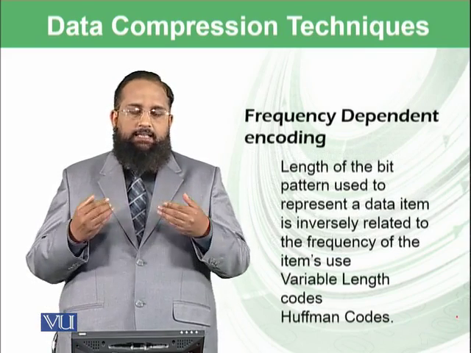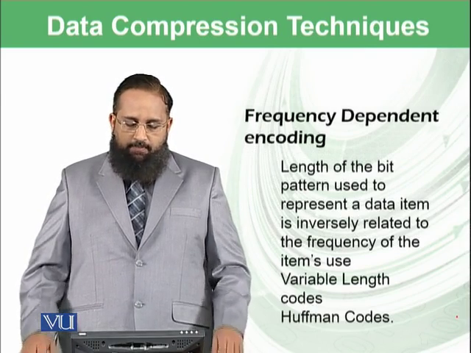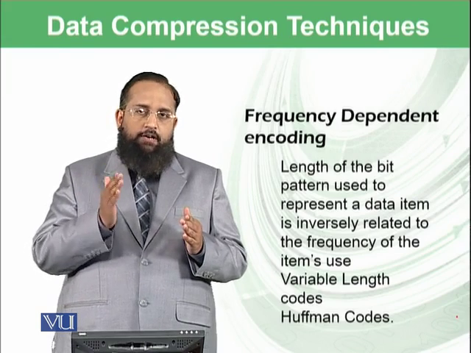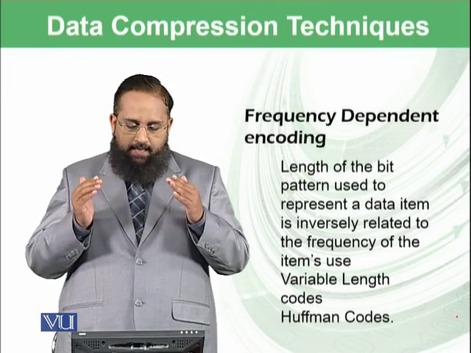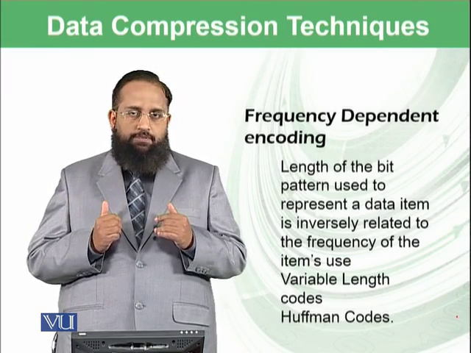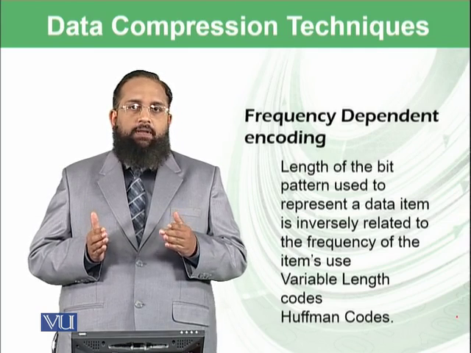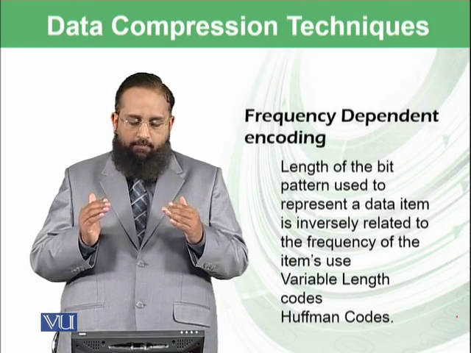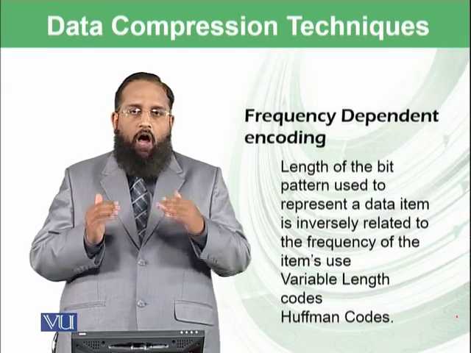The next thing is frequency dependent encoding. The length of the bit pattern used to represent a data item is inversely related to the frequency of the items used, and they have variable length codes. Such variable length codes were developed by and credited to Huffman, and the codes built by Huffman are called Huffman codes.